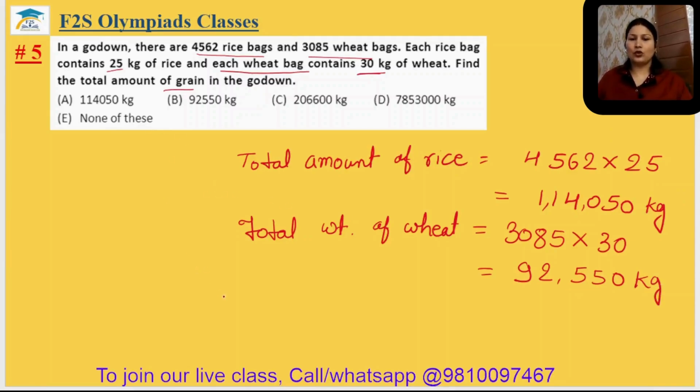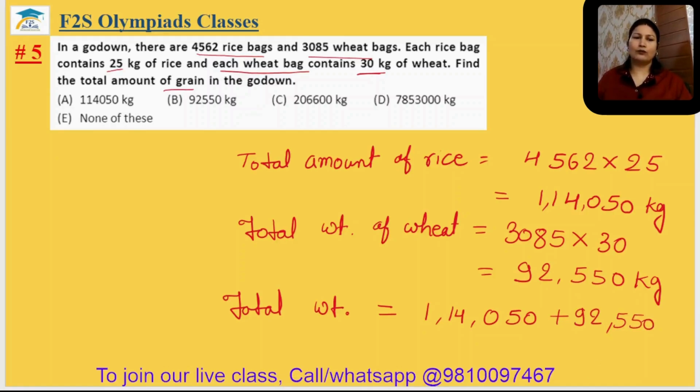Now we have to find the total weight. So total weight of rice and wheat both are 1,14,050 plus 92,550. If we add both these numbers, we will get 206,600.